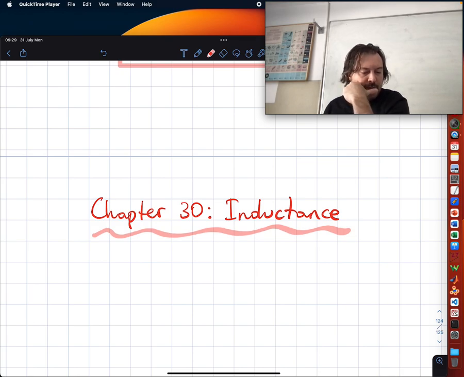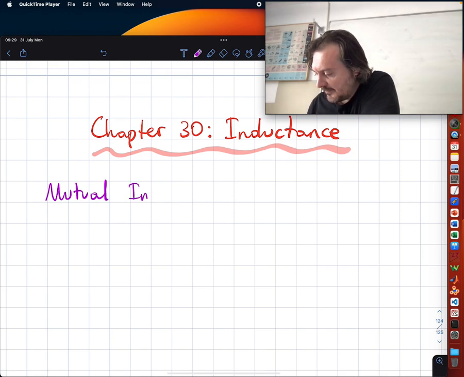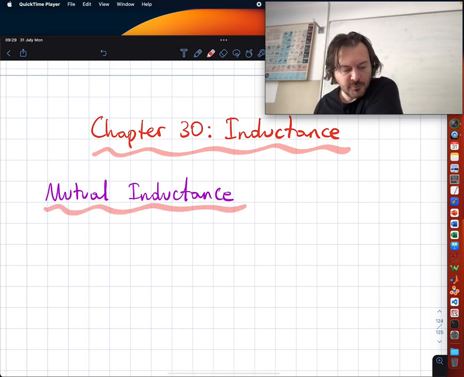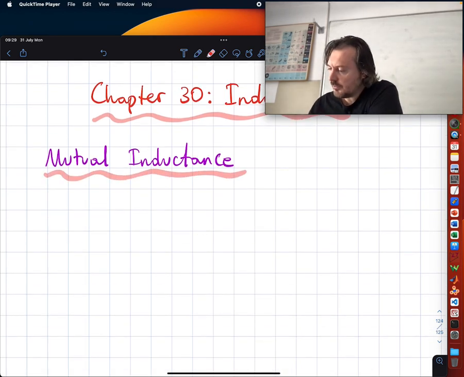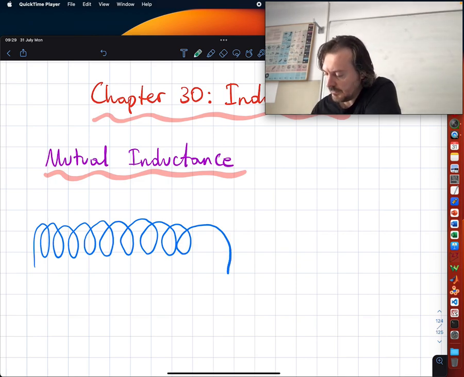So this chapter starts with the idea of mutual inductance. Okay? So, what is mutual inductance? I want you to imagine two loops, two solenoids wrapped around each other.